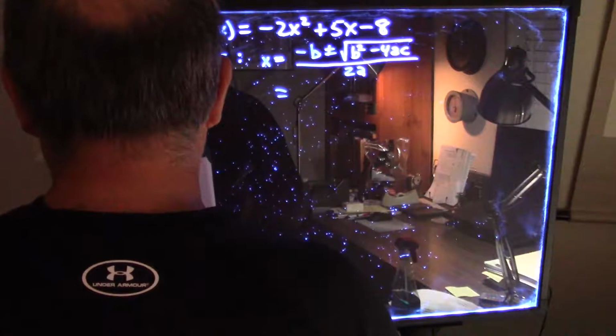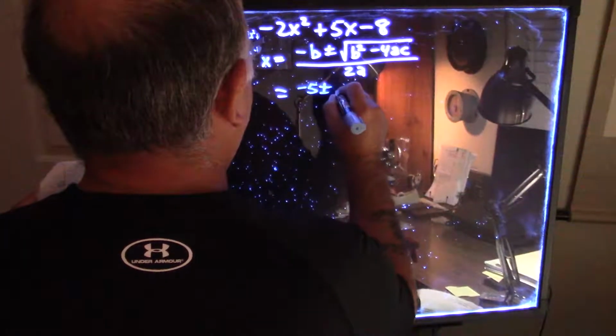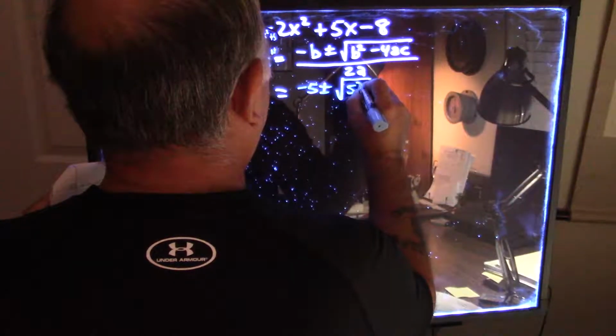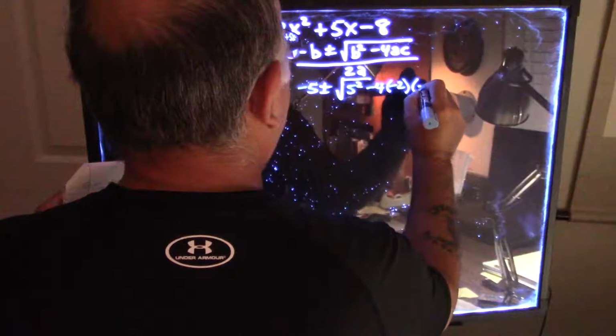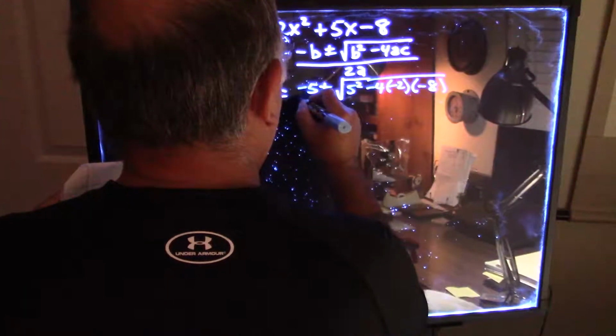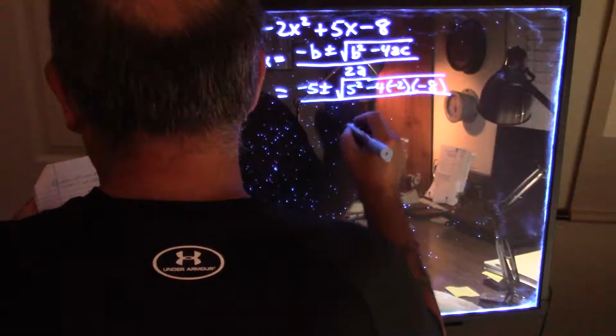So we've got negative 5 plus or minus the square root of 5 squared minus 4 times negative 2 times negative 8, all over 2 times negative 2.